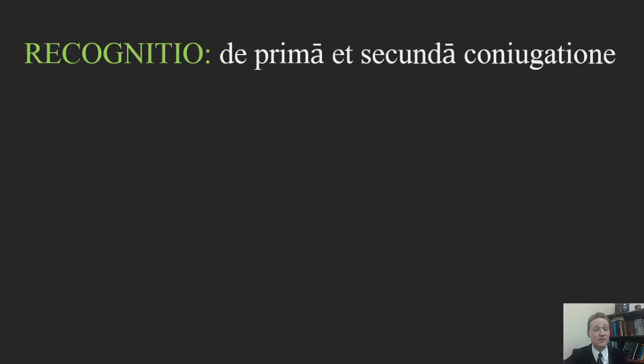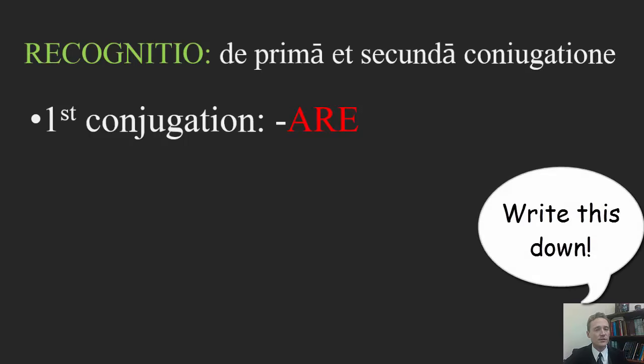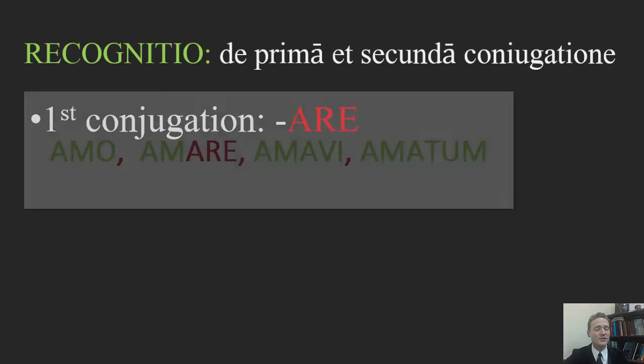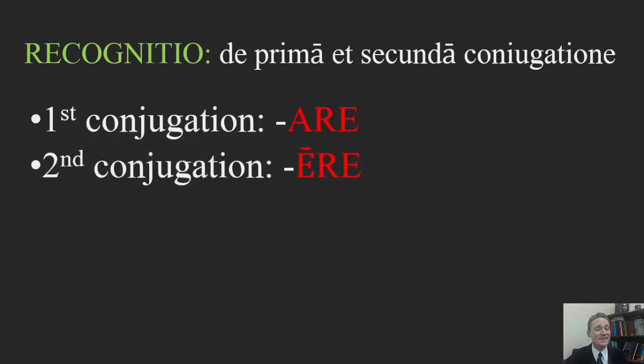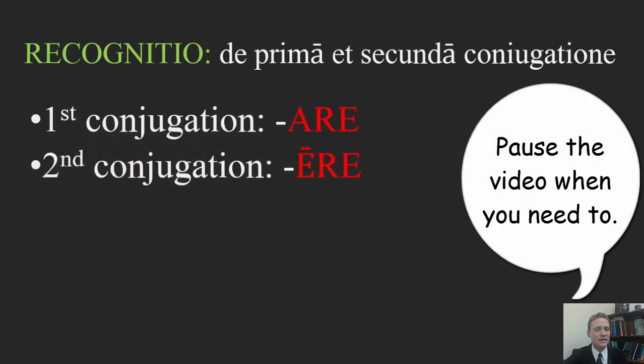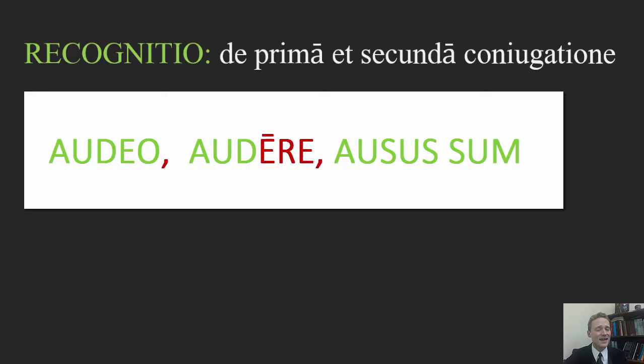Recognitio, de prima et secunda coniugatione, on the first and the second conjugation. We have come to recognize the first conjugation because the second principal part ends in are, such as amo, amare. We recognize the second conjugation because it ends in a long re, such as audeo, audere.